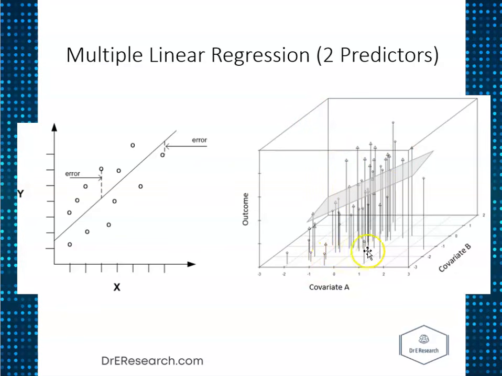I have those lines to the ground just so you can kind of tell where the points are. But you're going to have a residual that's that point down to the actual plane, or up to the plane in each case, and we're going to minimize the sum of squared residuals again. So that's what happens with multiple linear regression.